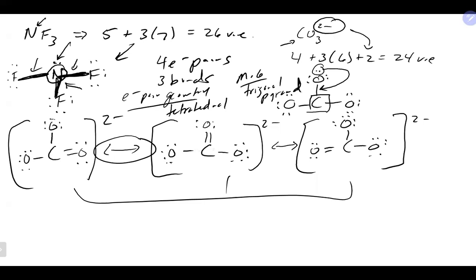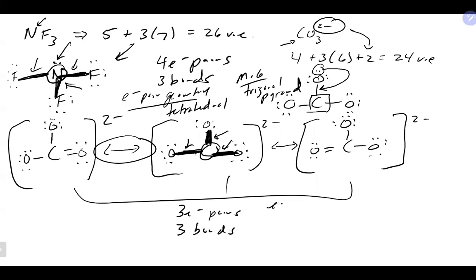Coming to our guy here, it has around the central atom, a double bond counts as 1 electron pair, 2 electron pairs, 3 electron pairs. 1 electron pair for a single bond, 1 bond for the single bond on that side. And once again, a double bond is going to count for geometry as just 1 bond, which means it has 3 bonds.